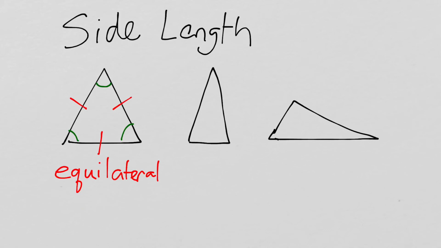You can have triangles then that have two side lengths the same. So this one here, those two are the same, and this one is different, right? Looks like a little triangle guy standing up there. Anyway, so this one is an odd name, but it's called an isosceles triangle.